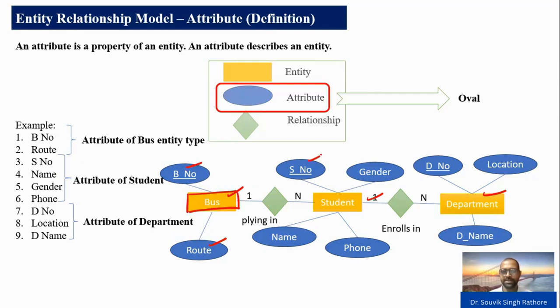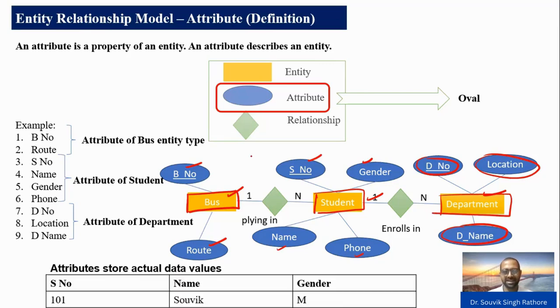Similarly, the serial number, gender, name, and phone number describe the student. And finally, the department number, location, and department name describe the department entity type.